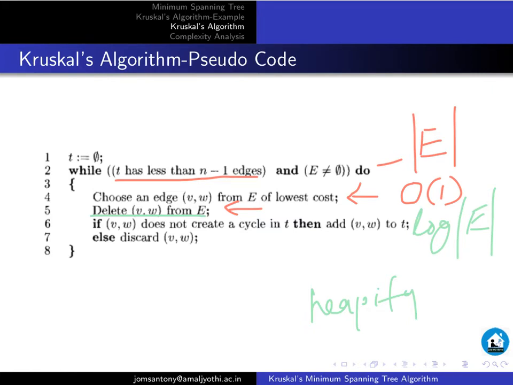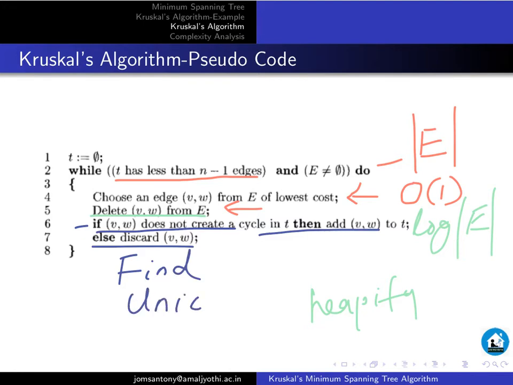And we know that the heapify operation will take log of E, because E is the number of nodes in our heap. Then there are 2 more statements, which say that if VW does not create a cycle in T, then add VW to our solution, otherwise discard VW. These 2 lines are implemented in the formal algorithm using 2 functions: one is the find function and the other is union.